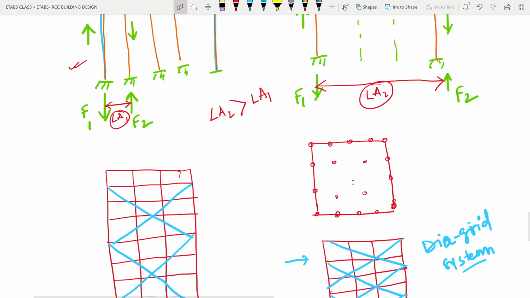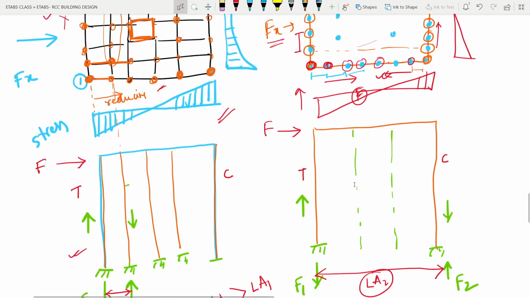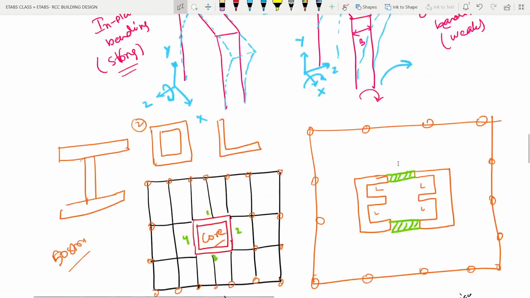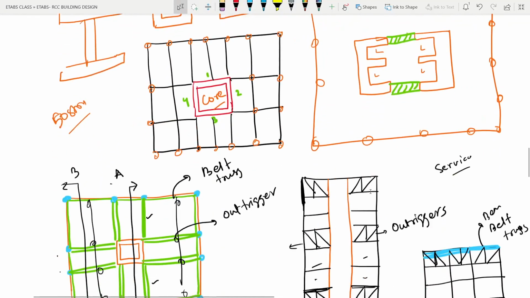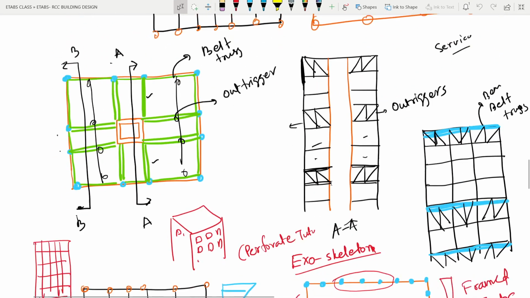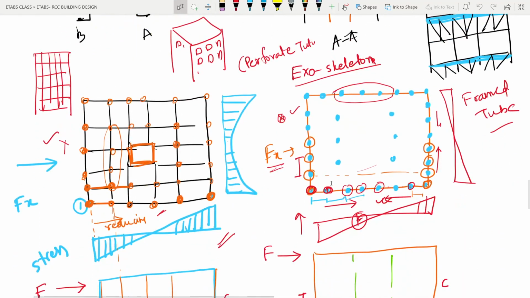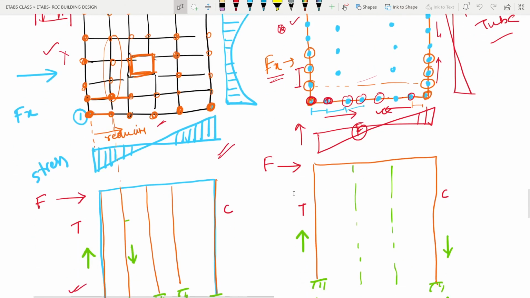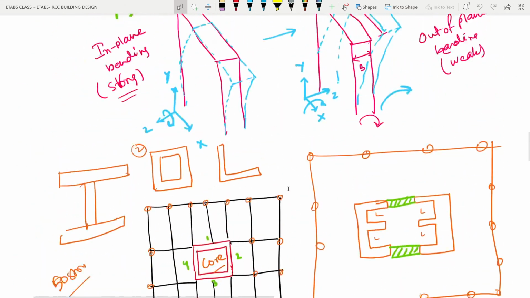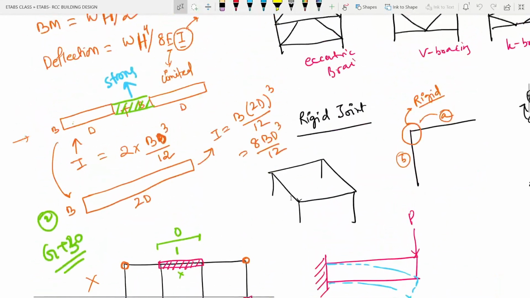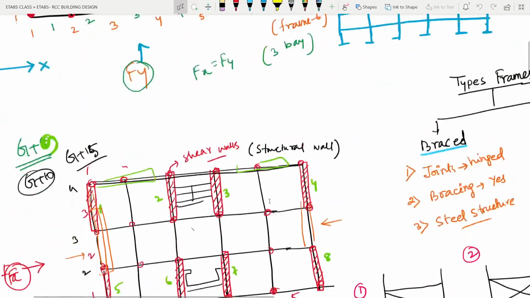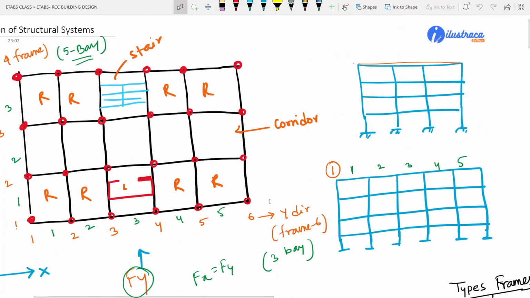Obviously there will be a smaller core, but the dimension of the core will be less than the core we have in the core wall system only, or in the outrigger system. So that is how the total structural system evolved in terms of the height of the building and the floor area of the building.